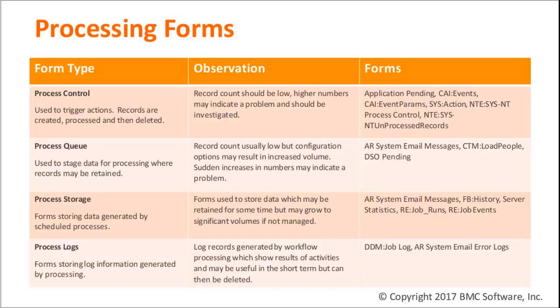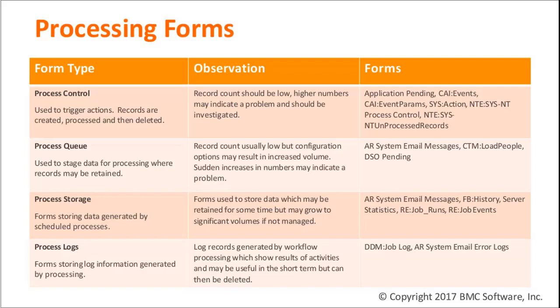So the different types of forms, so process control forms. There are some examples there in the forms column. These are forms where records are created to trigger activities. So they're not necessarily records intended to be stored for a long period of time. They may not contain all of the data related to a particular activity, but they're used almost as switches, if you like.